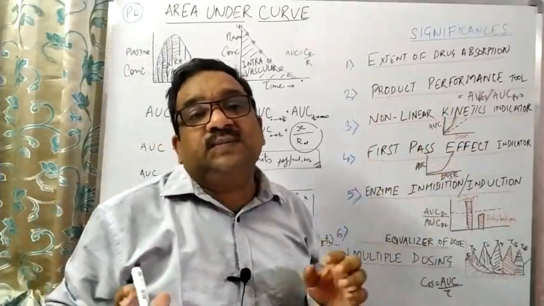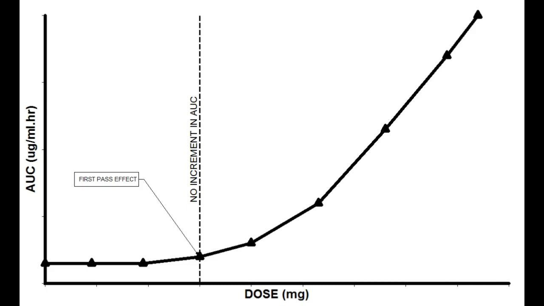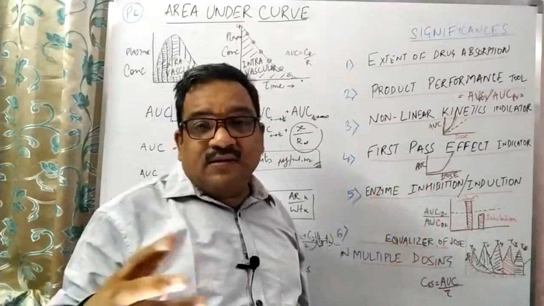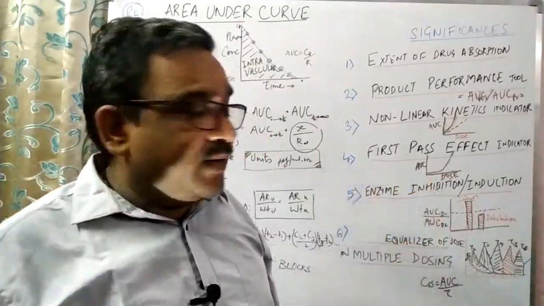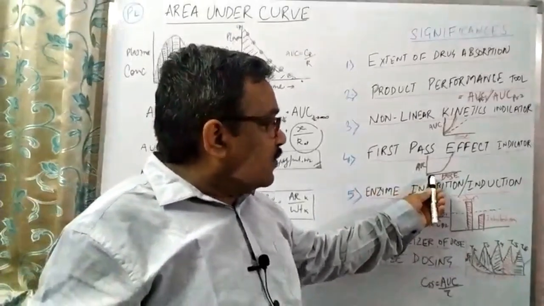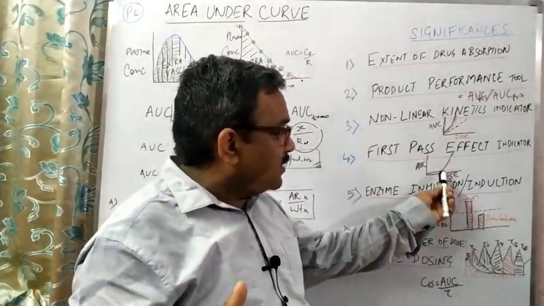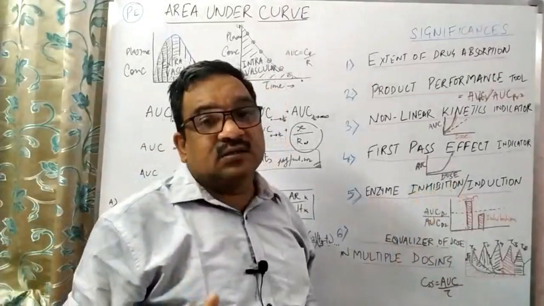The fourth important aspect is related to first pass effects. Again the AUC and dose profile is made, and a lag phase, a stagnant phase appears, as we have noted in this graph.